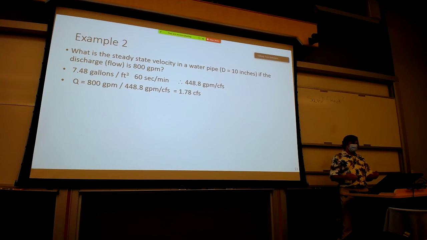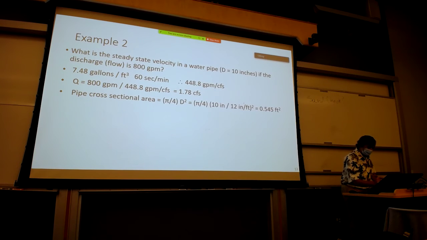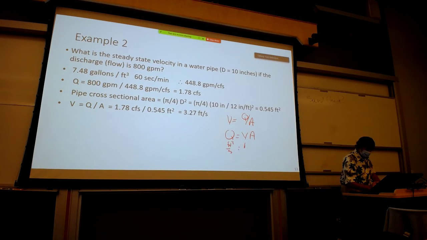Because I'm after a velocity, and that velocity is going to have the dimensions of length per time. Here it is. V is equal to Q over A, and that came from Q is equal to VA. And the dimensions on there are foot cubed per second on the left-hand side, and then you have foot, or length per second, times foot squared.